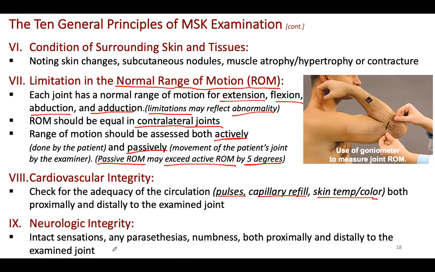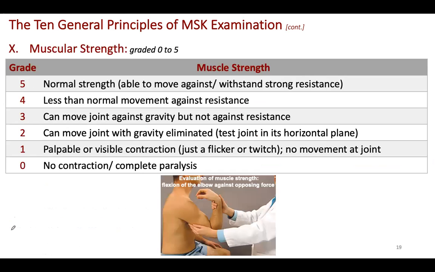And this will affect the peripheral pulsations, the capillary refill, and the skin temperature and color. Also, it can compress a nerve, and this can result in change in sensations, paresthesias, or numbness. So always check the cardiovascular integrity and neurologic integrity around the joint of concern. So these are the 10 general principles that should be in mind when we examine any joint or any complaint related to the musculoskeletal system.